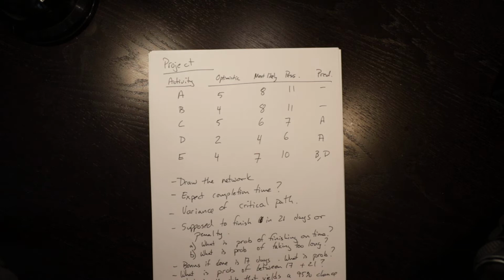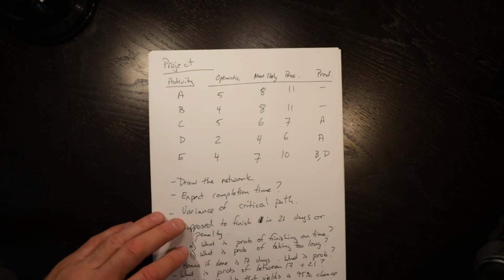What is the probability of getting a bonus? What is the probability of completing between 17 and 21 days? And what is the date that yields a 95% chance of completion? So that gives us the basic question, and so we can go through now and complete it.